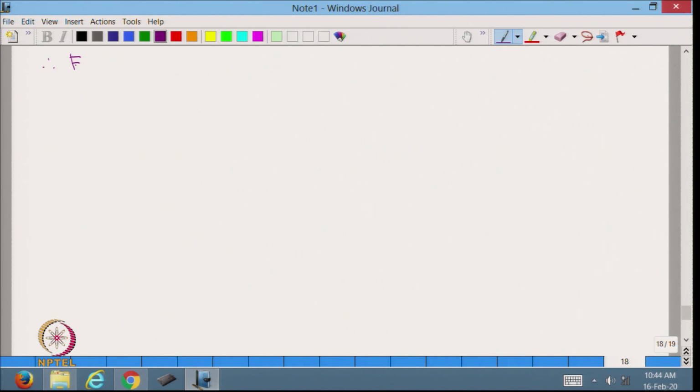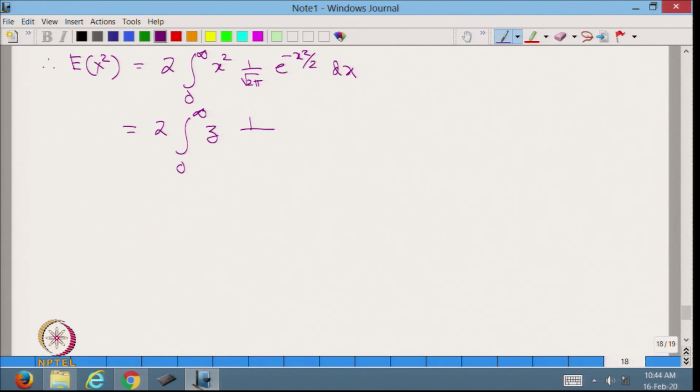Therefore, expectation of x square is equal to 2 into integration 0 to infinity x square 1 over root 2 pi e to the power minus x square by 2 dx, which is the same as 2 into integration 0 to infinity, put z in place of x square, and we get z 1 over root 2 pi e to the power minus z by 2 dz upon 2 root z.